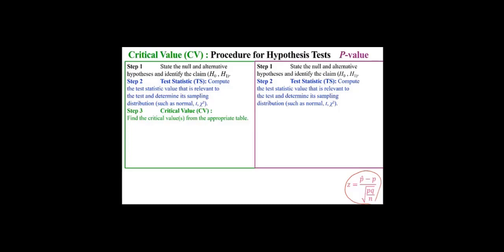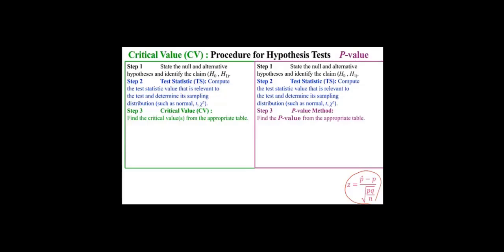Now understand, of course, if it's a two-tailed test, it really is on one side and you compare it accordingly. In the case of a p-value, the test statistic creates an area. If it's a right-tailed test, area to the right. If it's a left-tailed test, area to the left of the test statistic. And if it's a two-tailed test, whatever side the test statistic is on, it creates an area. You multiply it by 2.